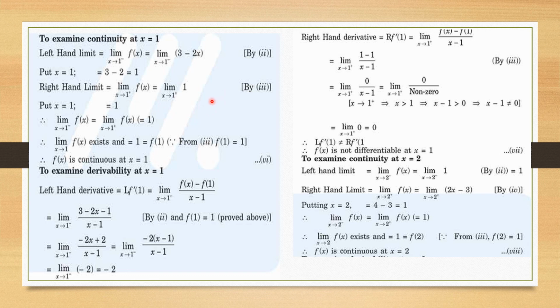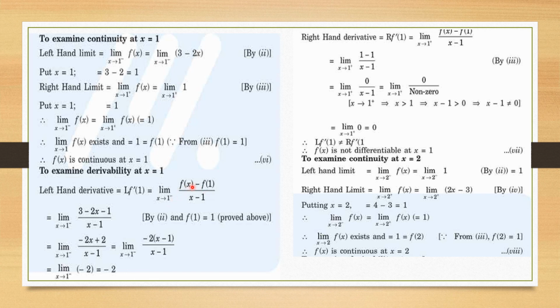Now since for differentiability you need a continuous function, and continuity is there, I will check the differentiability at x equal to 1. This will be checked as the left hand derivative at 1 and the right hand derivative at 1. The left hand derivative is the limit as x approaches 1 from the negative side of (f(x) minus f(a)) upon (x minus a). This is the formula.